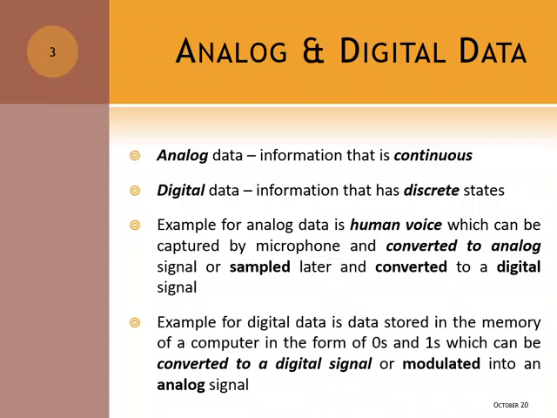Analog data means information that is continuous. Digital data, information that has discrete states. For example, analog data is human voice, which can be captured by microphone and converted to analog signal or sampled later and converted to a digital signal.